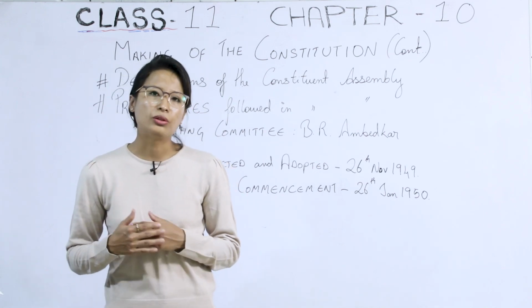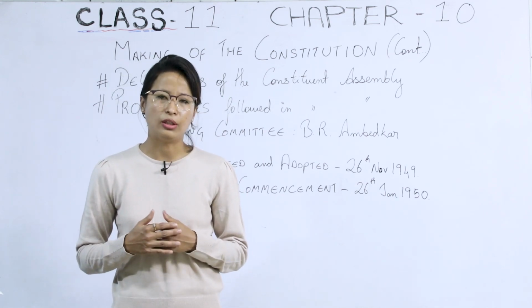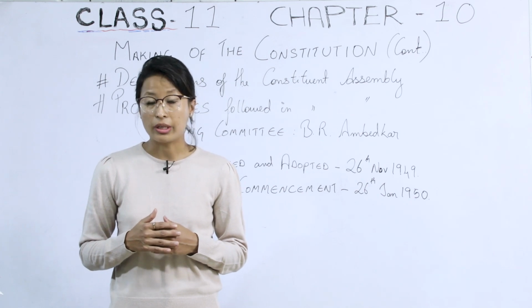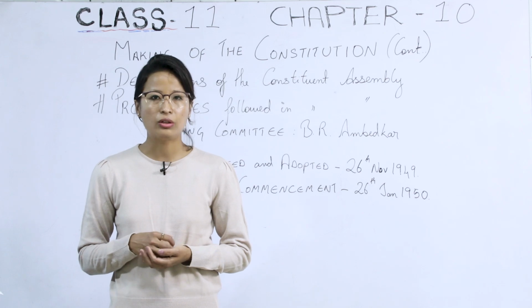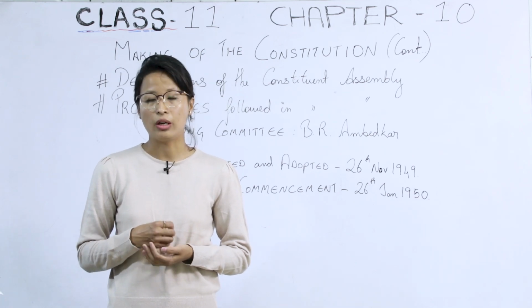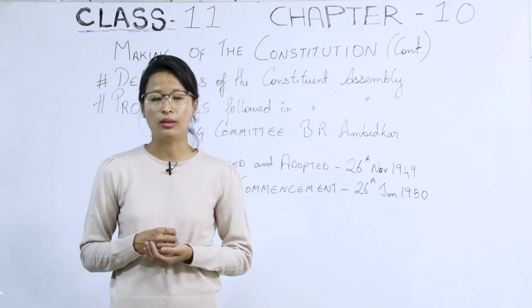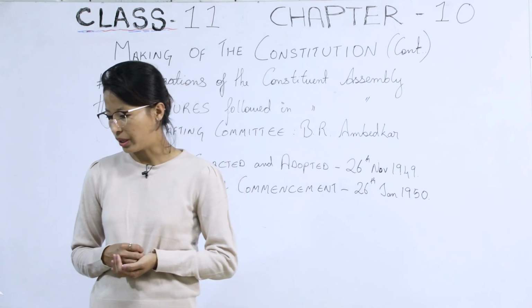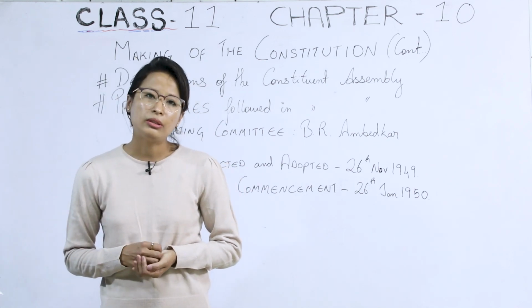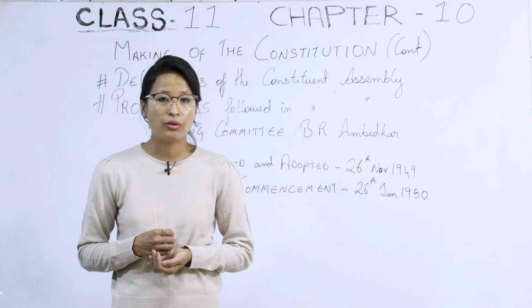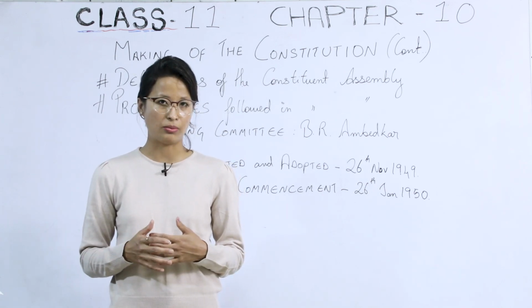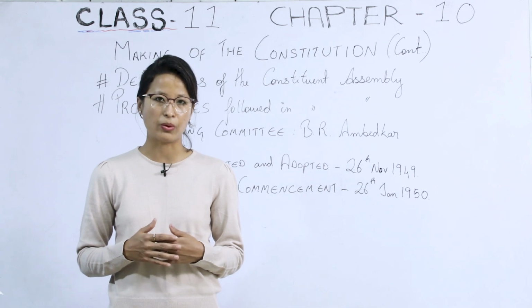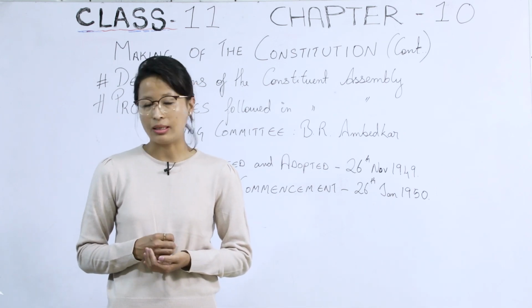Although the Constituent Assembly started deliberations from December 1946, it got prominence or recognition only after India got her independence in August 1947. The Assembly's decision to adopt a parliamentary or federal form of government, the present system we are following, was not taken in a day.